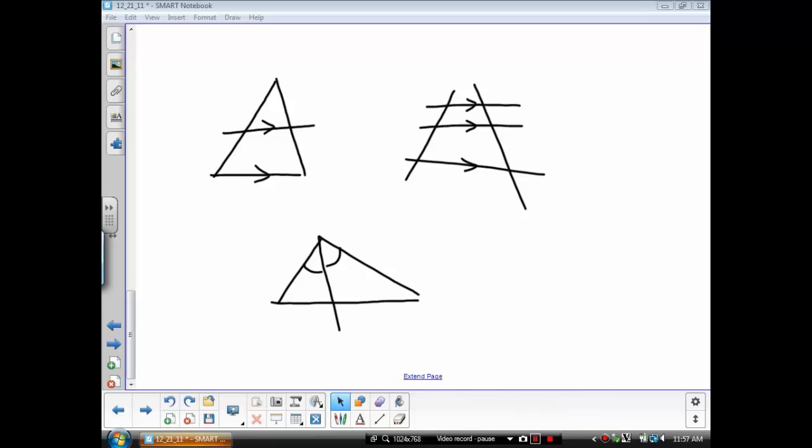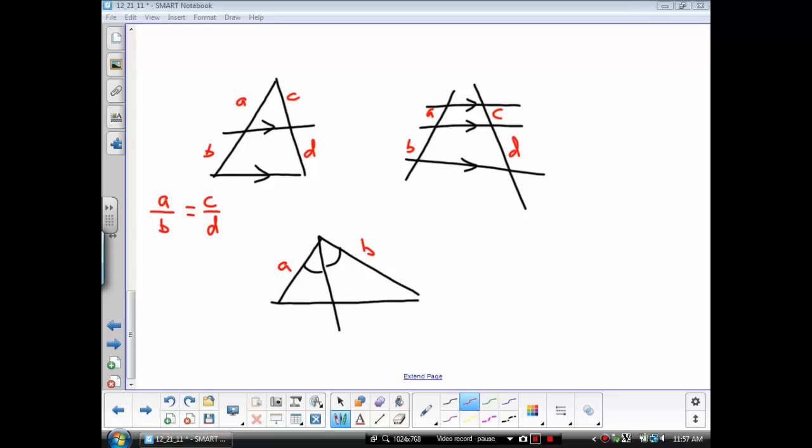In each of these three cases, if these are side lengths A and B, C and D, then A will be to B as C is to D. Still A will be to B as C is to D.